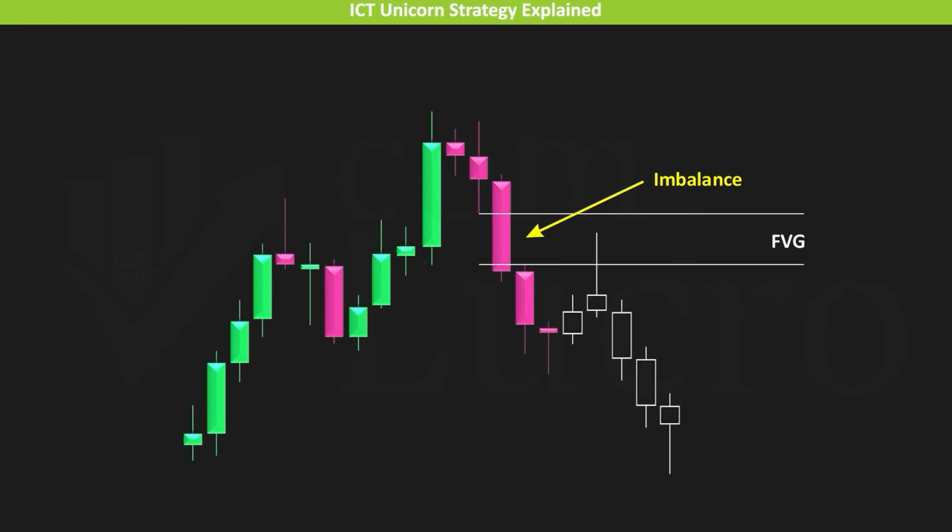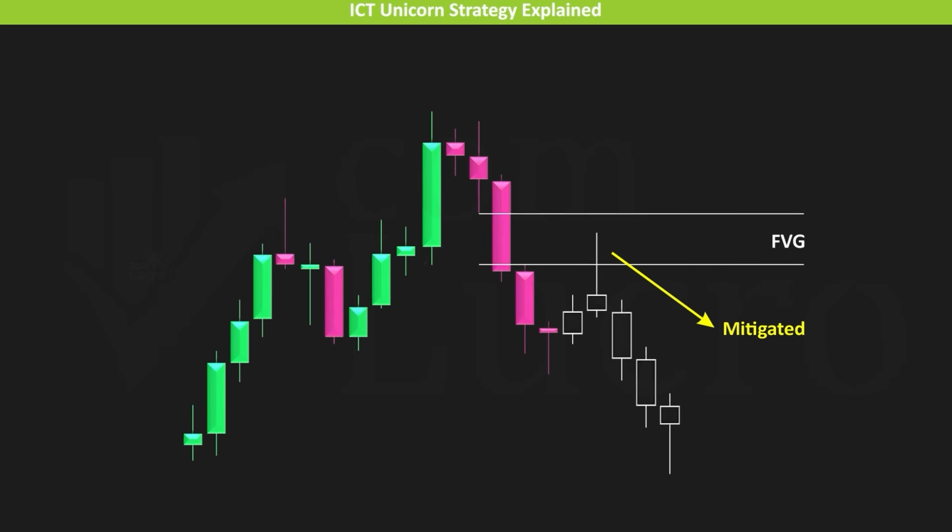When price revisits the fair value gap and there are still unfilled orders inside the zone, it creates an opportunity to trade in the direction of the existing momentum. That is when we often see price reject from the fair value gap and continue moving with strength in the same direction.